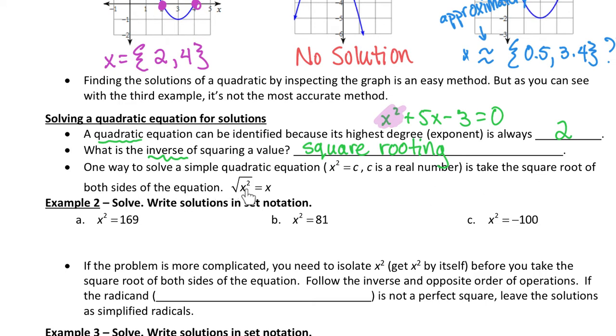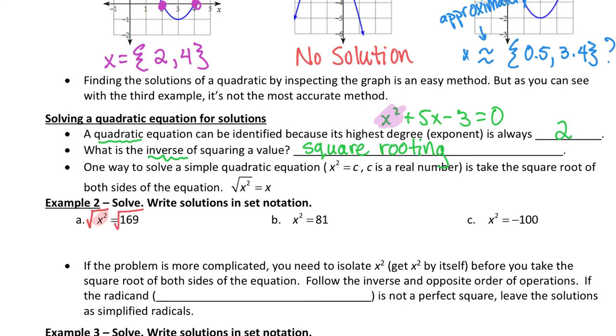So notice I've got an x squared. If I took the square root of it, I would be left with just an x, and that's what I want when I'm solving. Let's look at these examples, and I think it'll make a little bit more sense. I want to get this x all by itself, but it's got that square. I can do that by taking the square root here.